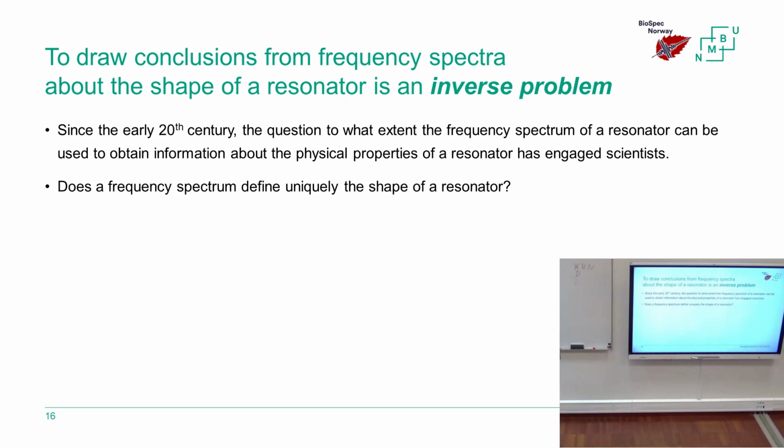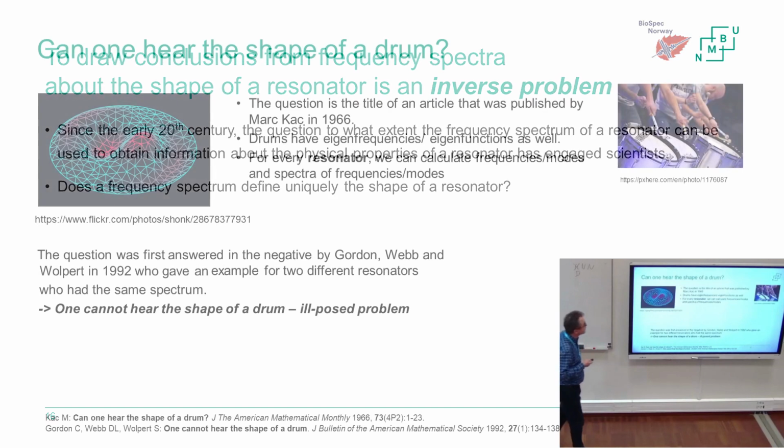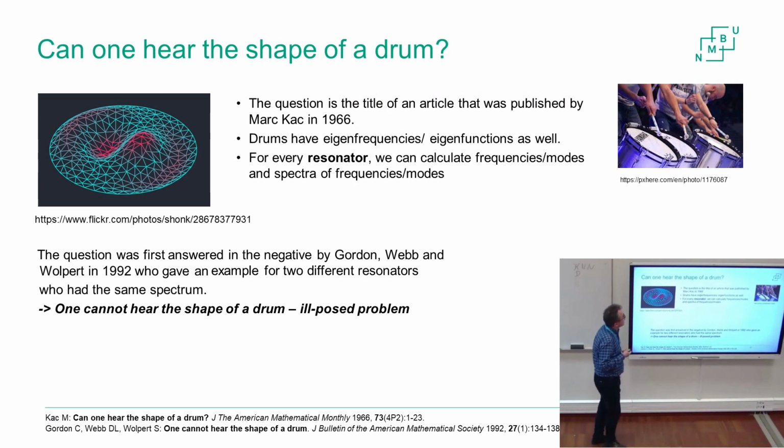Meaning, if you have a Mie spectrum, can you know everything about your sample? There was a paper in the 60s by Mark Kac, and he asked the question: can one hear the shape of a drum? So it's a bit of a different problem, but in principle it's the same thing.